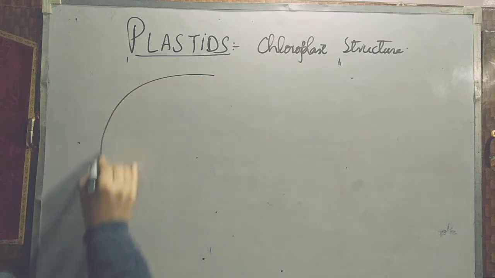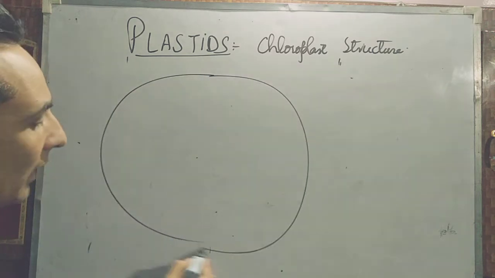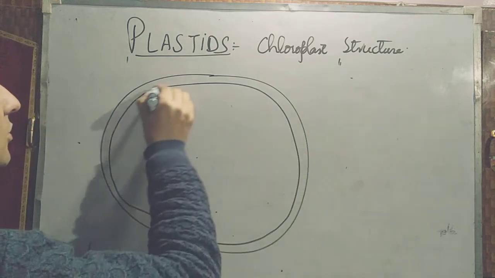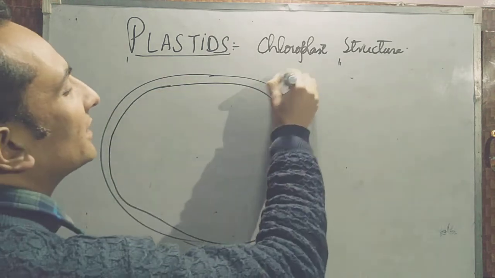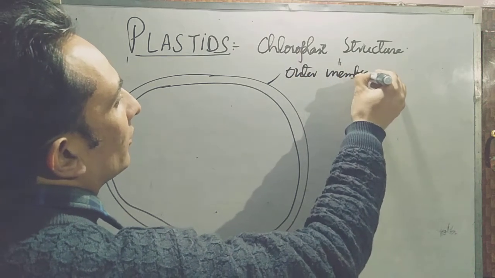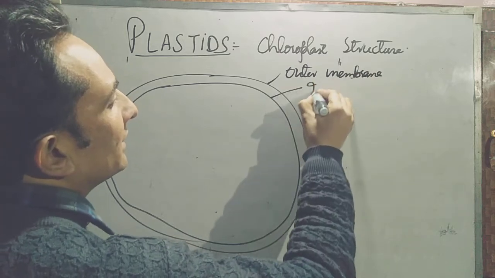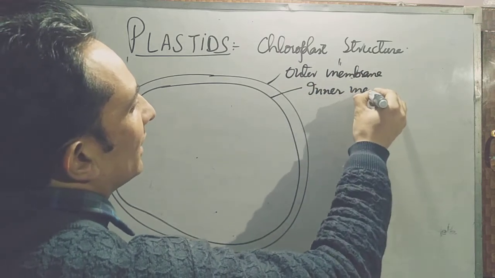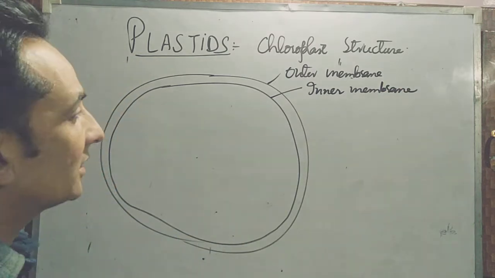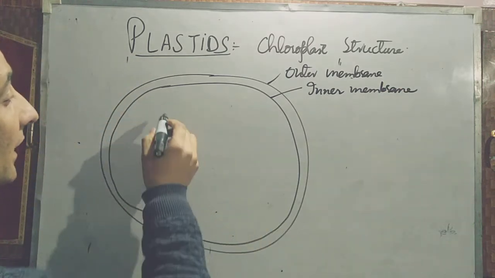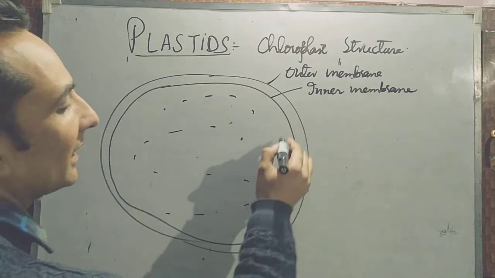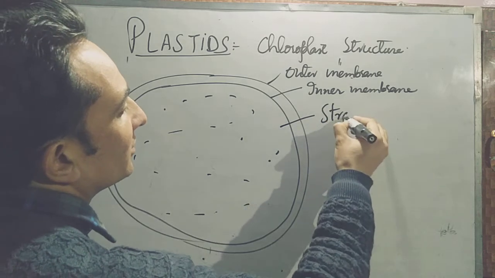When you begin to discuss the structure, you have to see that the chloroplast has two membranes. This is the outer membrane, and this is the inner membrane. Again, I will repeat that it's a double membrane bound cell organelle. The compartment enclosed by the inner membrane is known as the stroma.